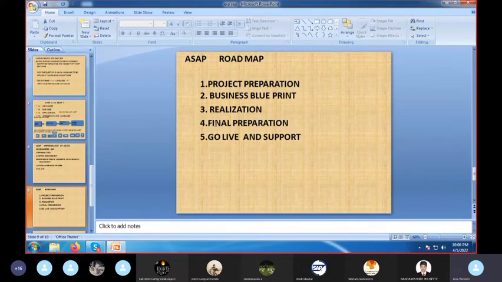Then final preparation. Once all configurations and all paperwork are over, testing will be done here in different scenarios. First, the consultant has to do testing, then unit testing and UAT testing will be conducted. Then the testing team will also be doing testing with different scenarios.